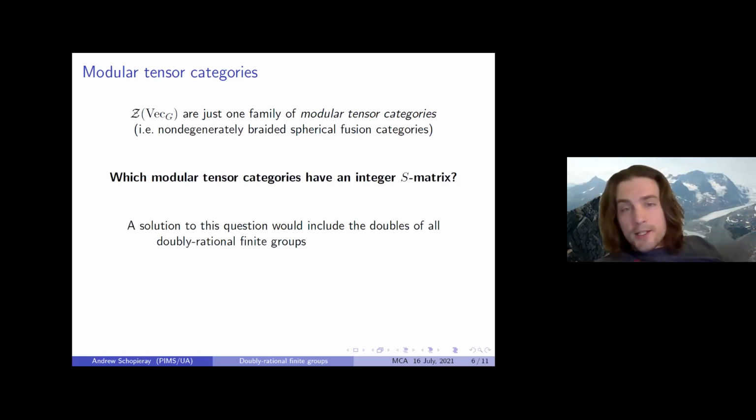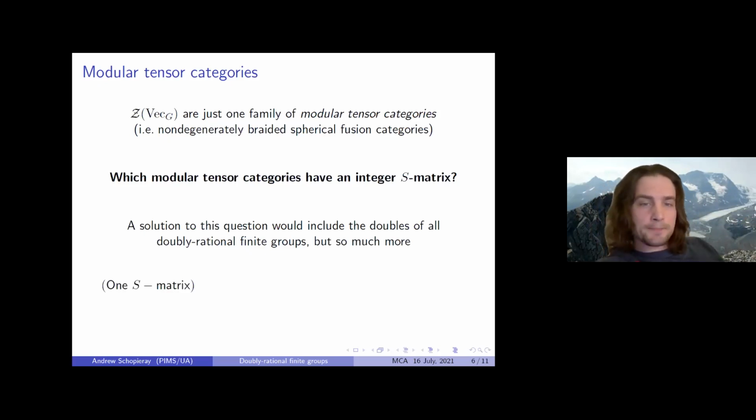So a solution to this question would include the doubles of all of the doubly rational finite groups, but it also contains much more. And so this question just explodes in difficulty from the finite group case.